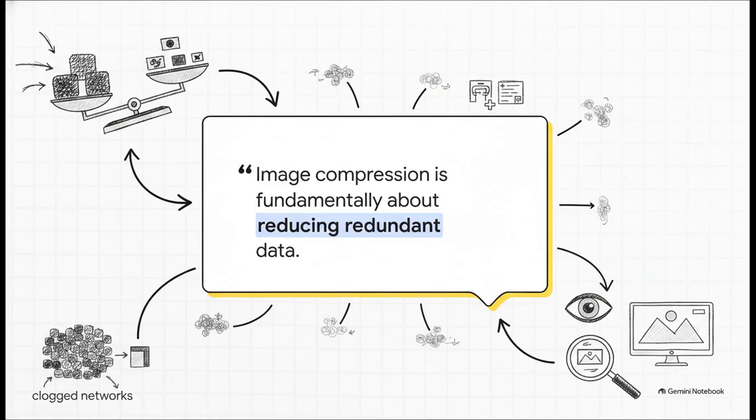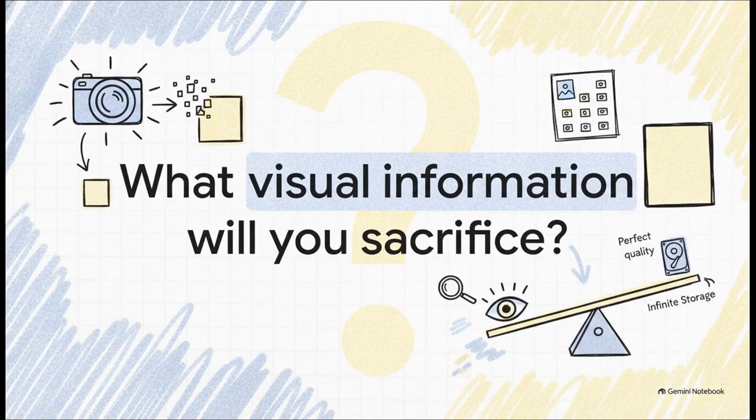So, the crucial point we keep coming back to is finding that perfect balance. The entire field of image compression is really just a balancing act between stripping away the heavy, redundant data that clogs up our networks and preserving the essential information that our human eyes or our medical scanning tools actually need to function. And that wraps up our investigation into the hidden detective story of digital space.